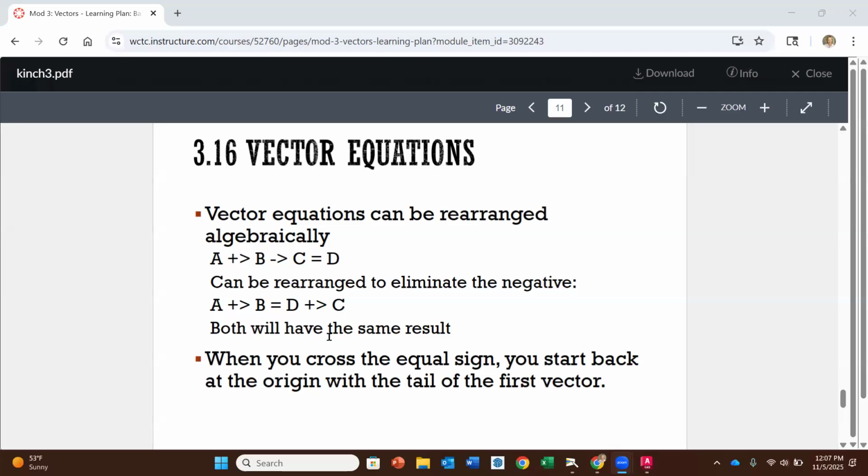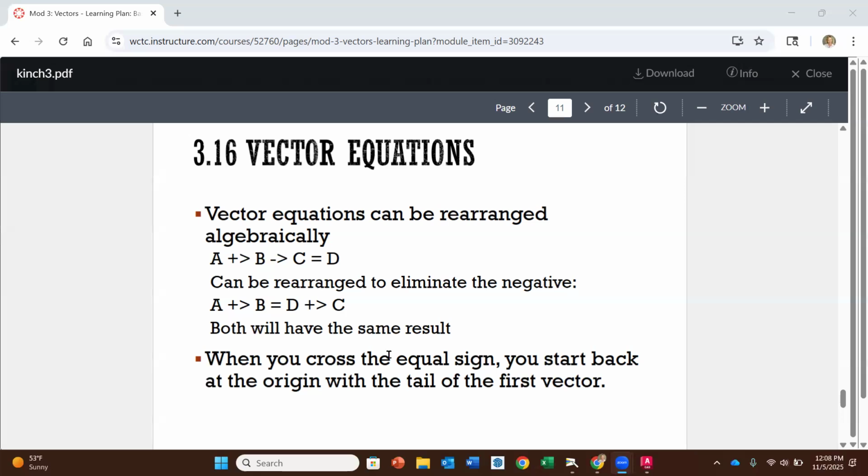So we aren't really changing anything about this equation. All we did was rearrange it so that we wouldn't have the negative. Now we have A plus B on the left-hand side is going to be equal to D plus C. Both will result with the same answer, or the same solution, okay?